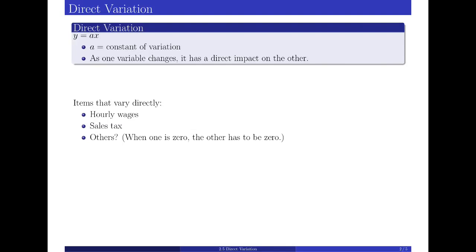Some things that might vary directly: an hourly wage. The amount of time that you work versus how much you get paid if you're on an hourly wage, that's direct variation. Your income would equal your hourly wage, let's say $8 an hour, times the number of hours you worked, right?